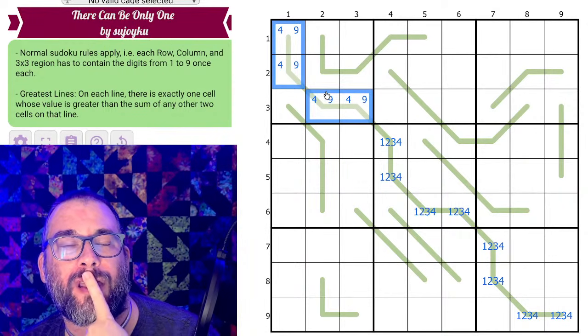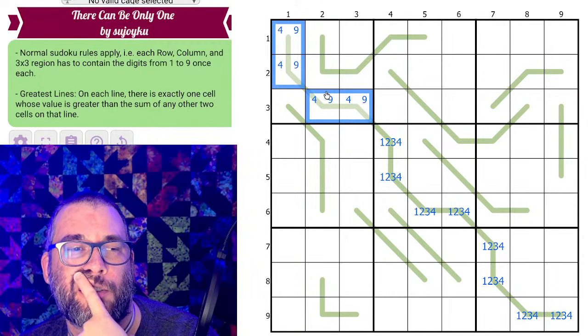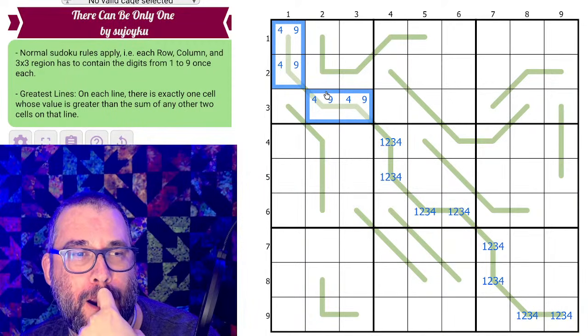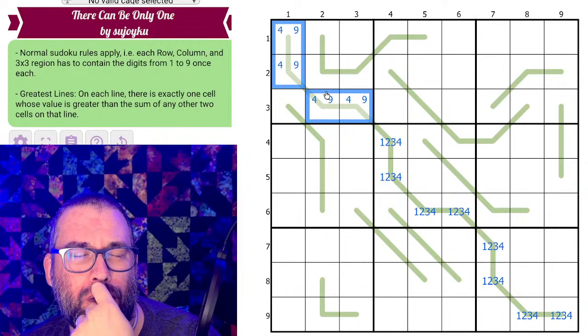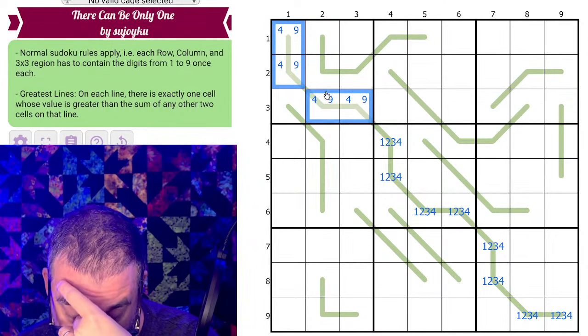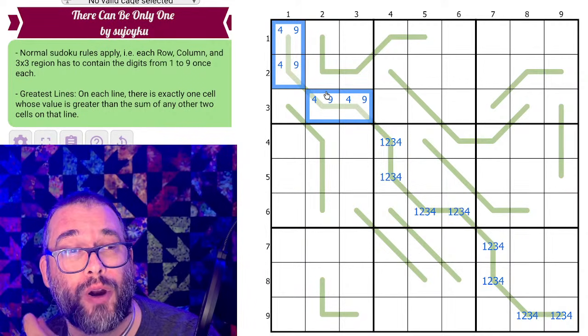And if we didn't have a 3, what happens if there's not a 3? So we're looking at 1, 2, 4, 9 here.